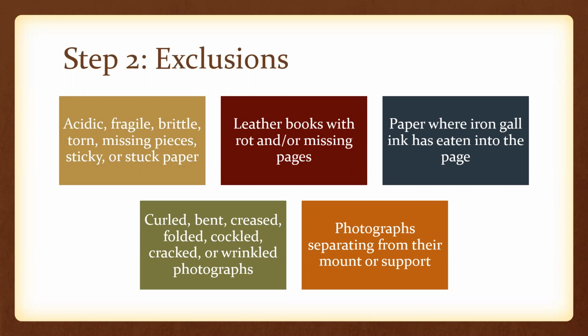Letter copy books with very thin and acidic paper, such as carbon copy correspondence and some tracing paper drawings and plans, and photographs that are separating from the mount or support. And also photographs that are curled, bent, creased, folded, wrinkled, cockled, or cracked. So these are some reasons you might want to exclude them from your project if the damage is significant enough, or again, try to remedy that damage if possible.